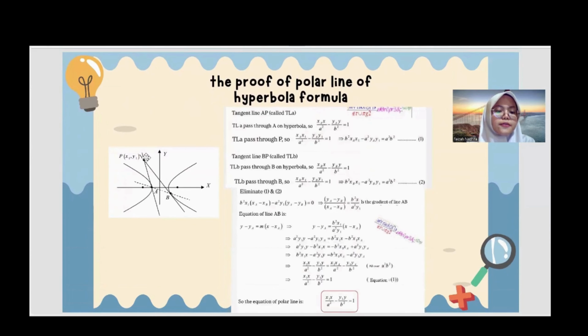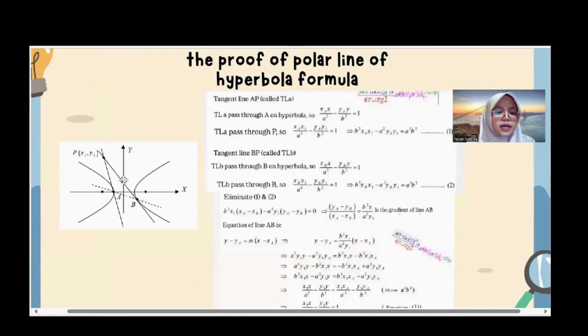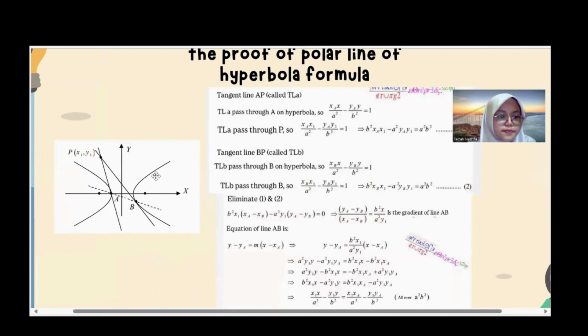Let's say we have this horizontal hyperbola, and we have point P outside the hyperbola with coordinates x1, y1, and then we will have exactly two tangent lines, as we've already discussed in the first section.